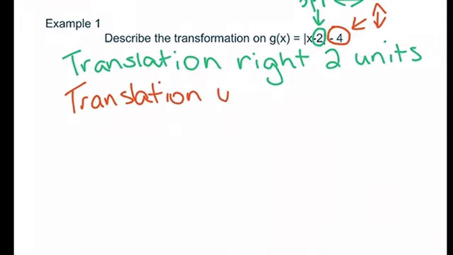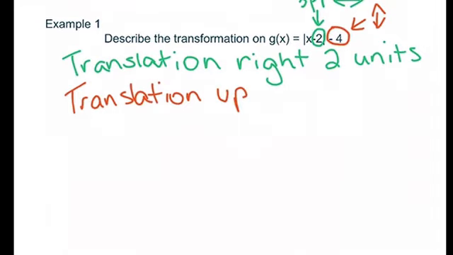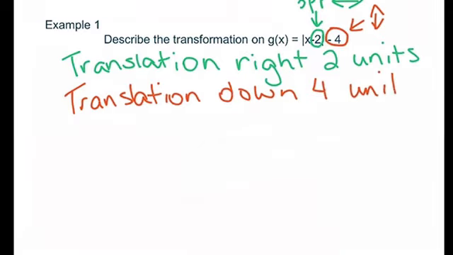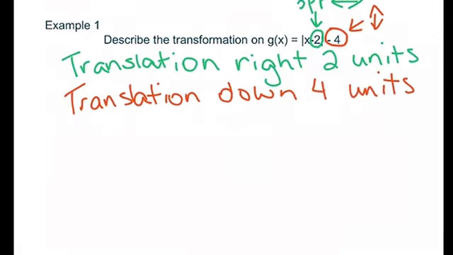So it's a translation up. Oops, sorry. That is a minus sign, so that indicates it's going down. A translation down 4 units. That was the end of our equation, so we are finished with example 1.